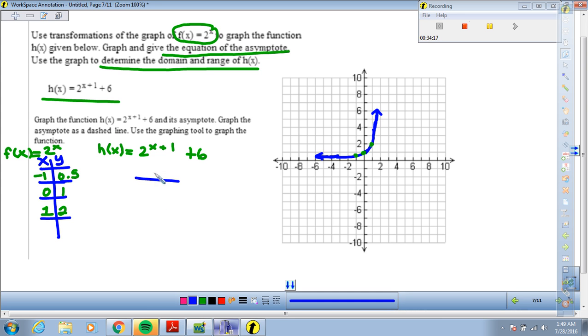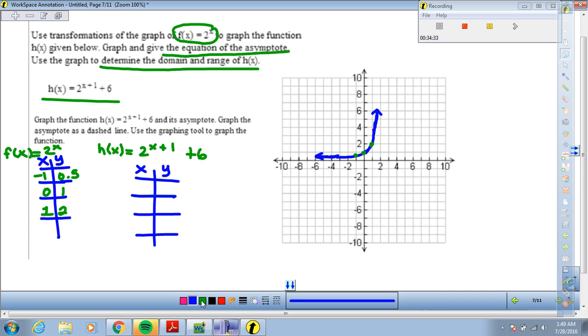moving the graph to the left. This +1, it's like when we went over transformations and we learned that whenever inside of a parenthesis, inside of a square root, we have something that is being added or subtracted, we're gonna move sideways and we're gonna move in the opposite direction from the sign that we can see in that particular expression.